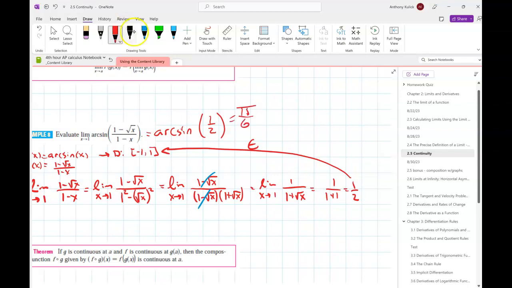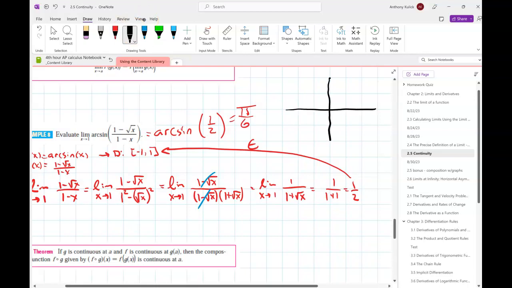It was a guess. Again, here's the way I would think about it. I know what the graph of sine of x looks like, right? This spot here is pi over 2. I know here at pi over 4, sine of pi over 4 is root 2 over 2.